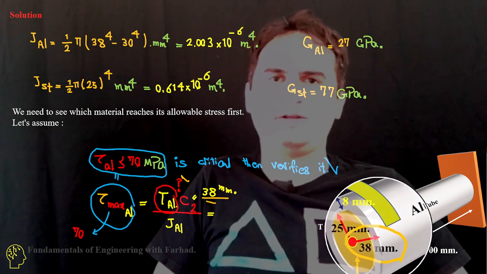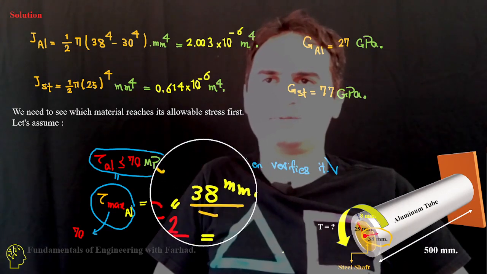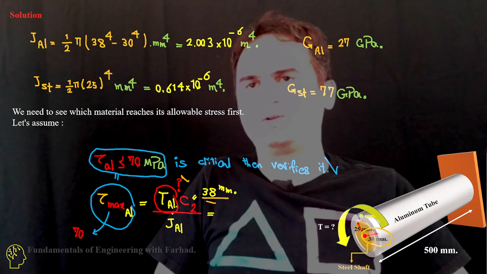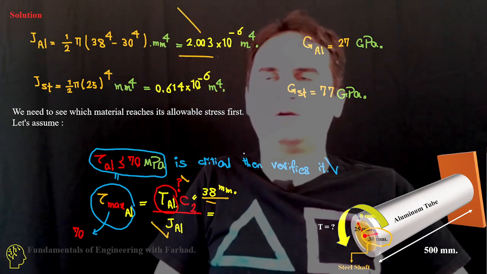We already calculated J for aluminum, which is 2 point something.